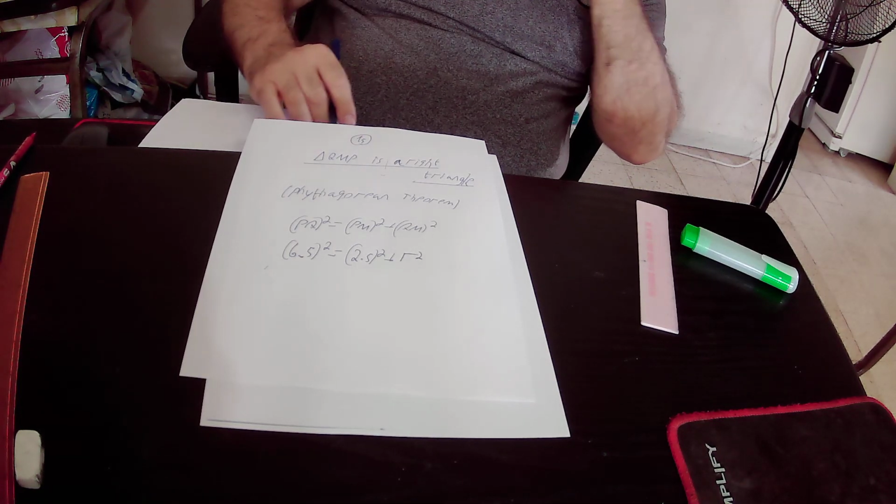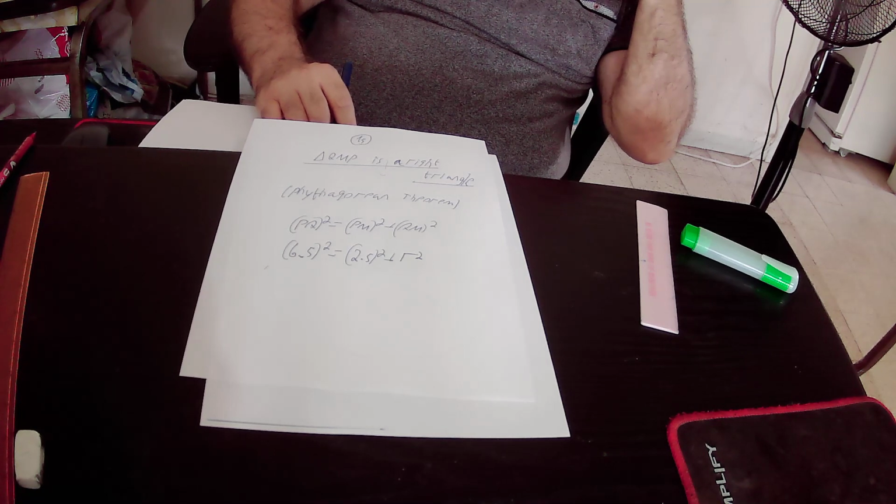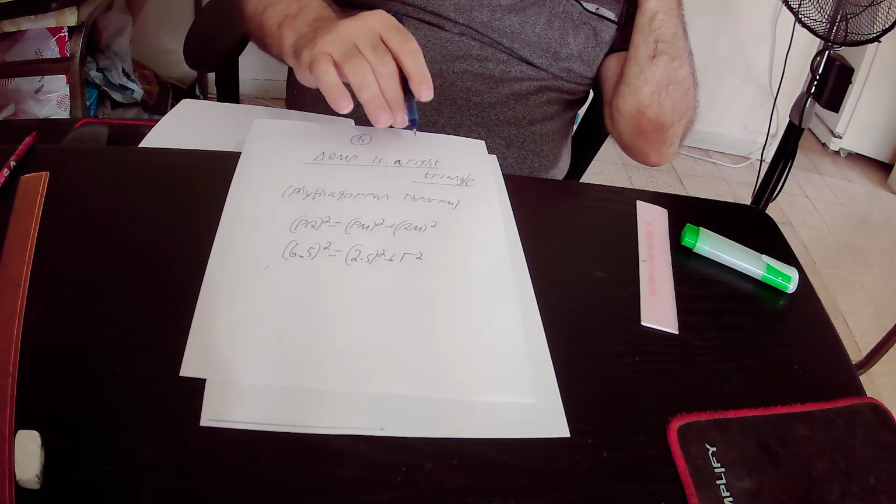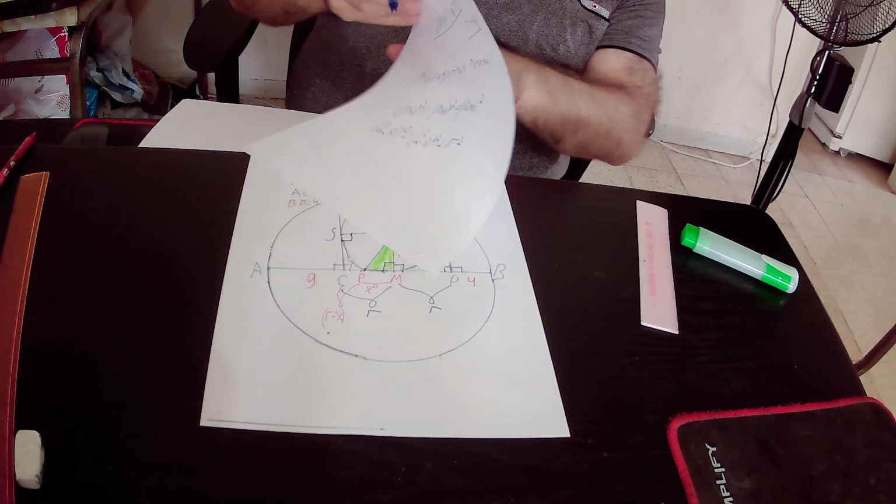6.5 square is 42.25 and 2.5 square is 6.25, so I write it down.